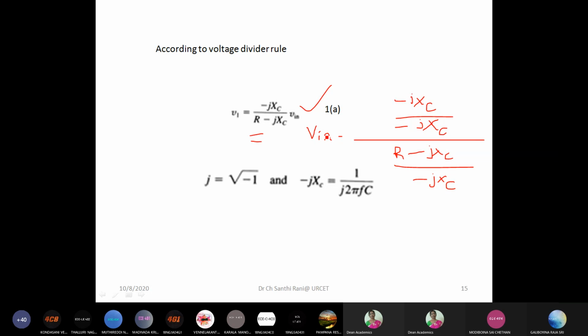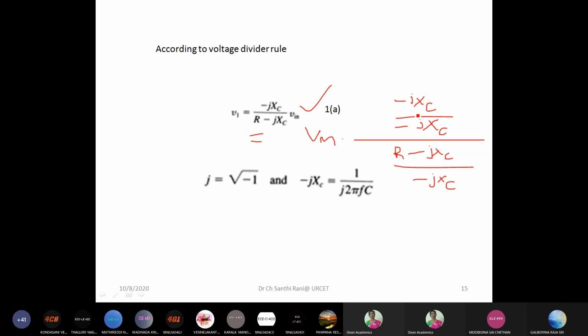V1 is equal to this Vin into minus jXc divided by minus jXc, R minus jXc divided by minus jXc.